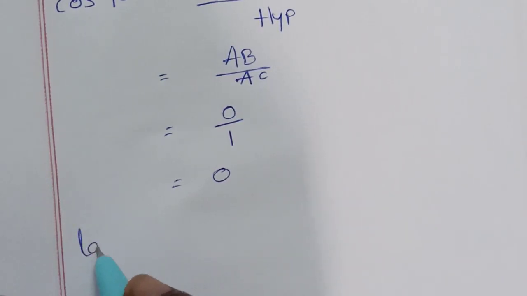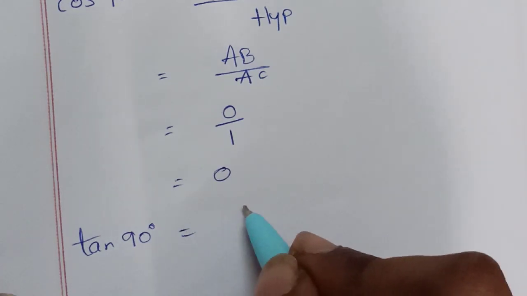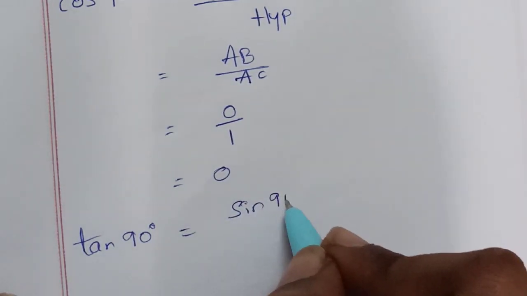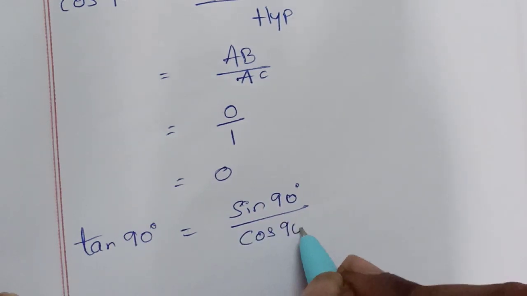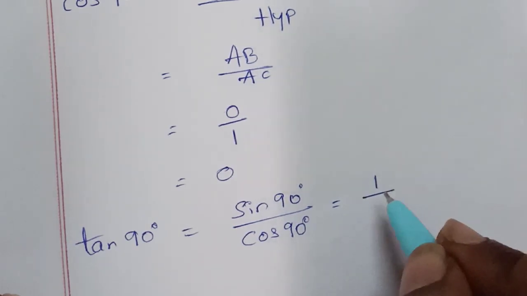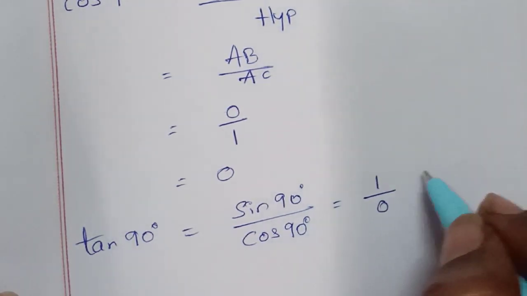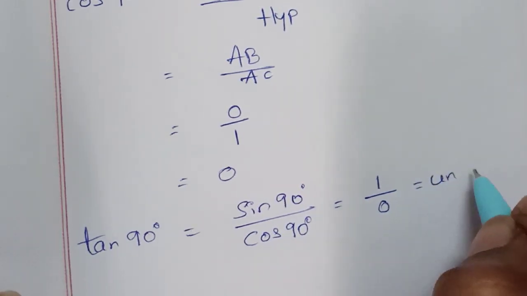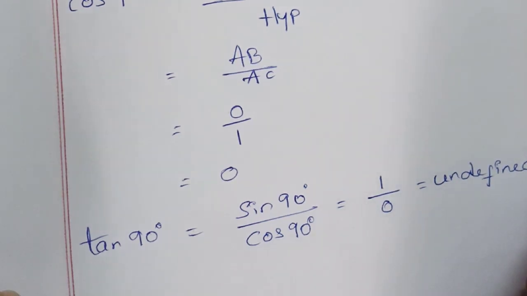Next, tan 90 degrees, sine 90 degrees by cos 90 degrees, that is equal to sine 90 is 1 and cos 90 degrees is 0. Undefined, 1 by 0 value is undefined. That is equal to infinity.